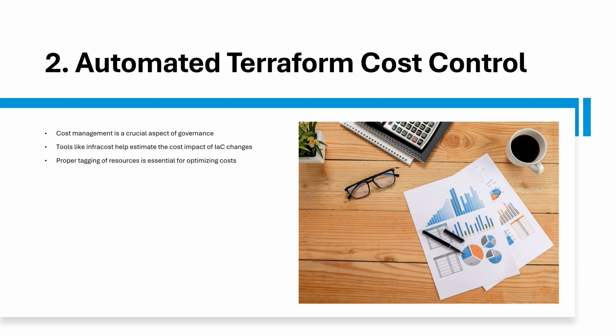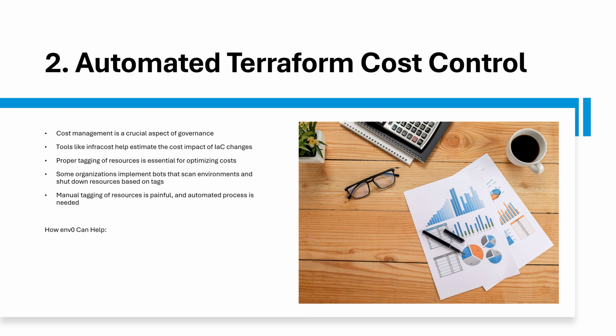That is essential for optimizing your costs. For example, some organizations I worked with implement bots that can scan environments and shut down resources based on tags. And manual tagging is pretty painful. So having an automated process is absolutely needed. And this is where env0 can come in and help.